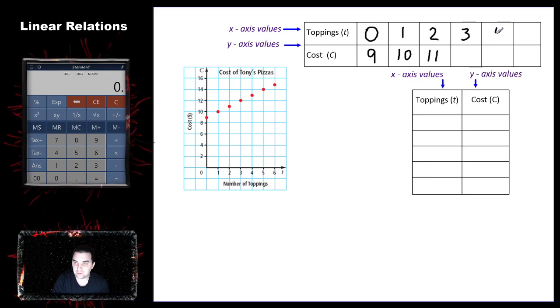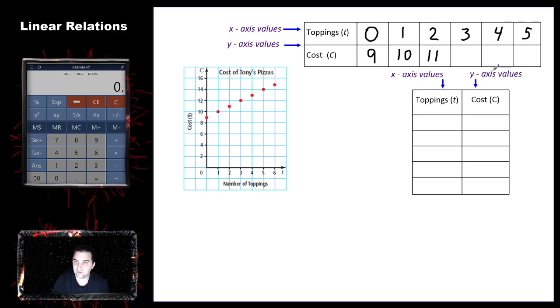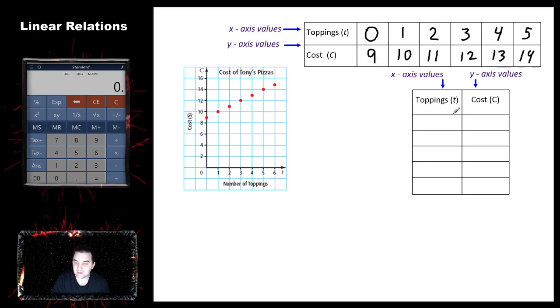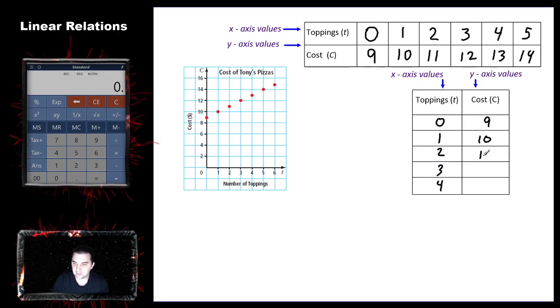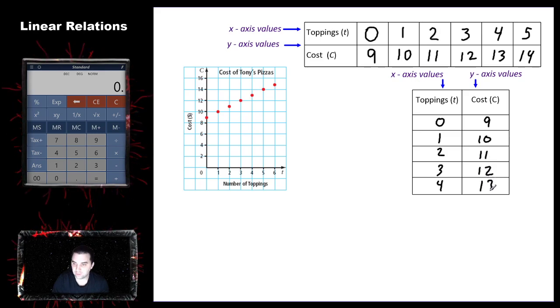And then it would just continue from there: 3, 4, so here we go, 12, 13, and 14. This way of doing a table of values is the same as doing top down. We just have to make sure that it is all done in the same way. 0, 1, 2, 3, 4, and 9, 10, 11, 12, 13.